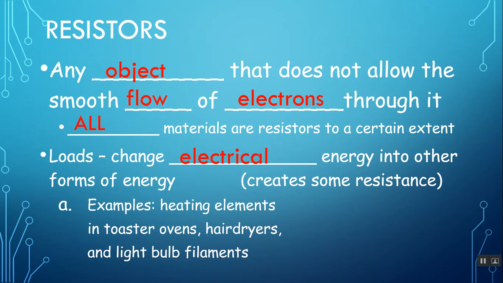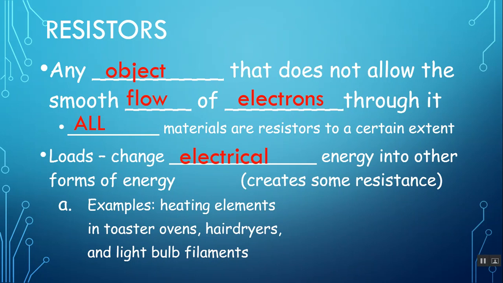Now, certain resistors are called loads, and a load is just a resistor that actually turns electricity into something else. So when we were doing our circuits, the light bulbs were considered the load.